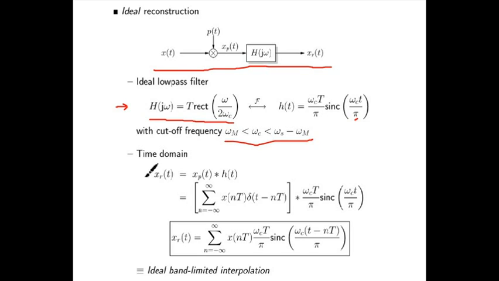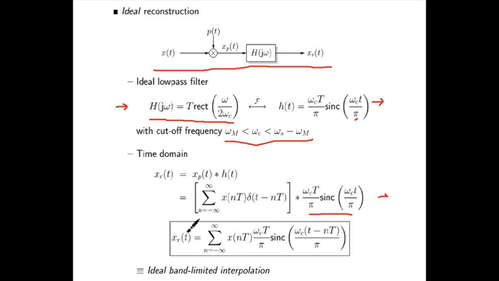So now let's talk about the time domain first. In the time domain, xr of t will be xp of t convolved with h of t, where h of t is the impulse response of the low pass filter. So xr of t will be this expression, where the term in the square braces is xp of t, and this expression is h of t.